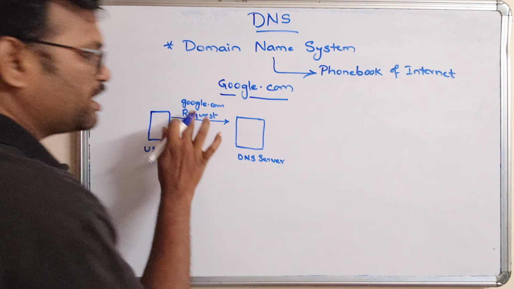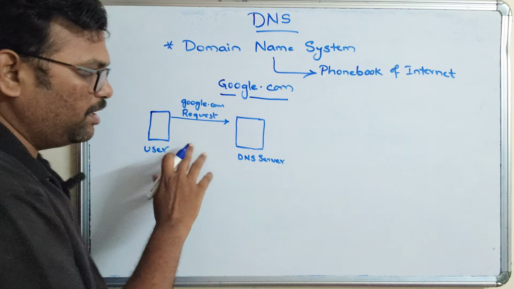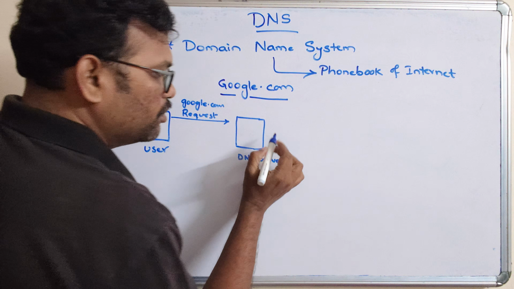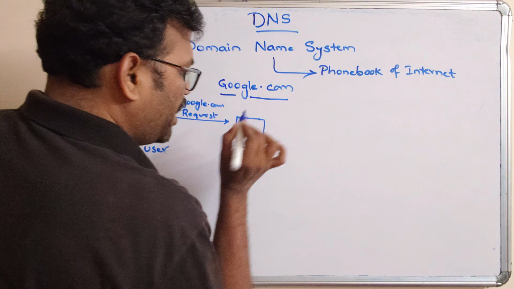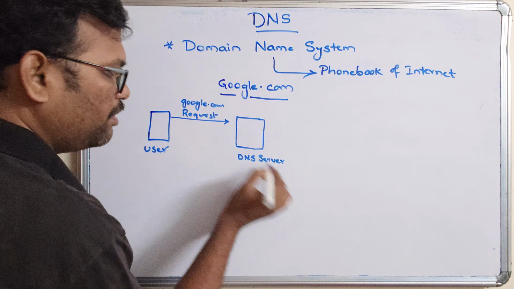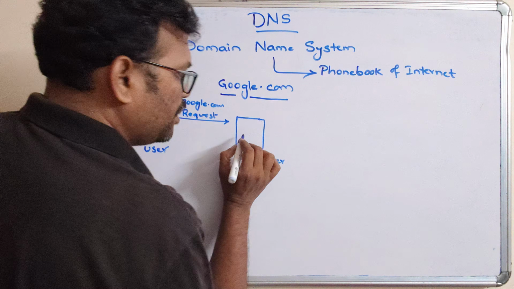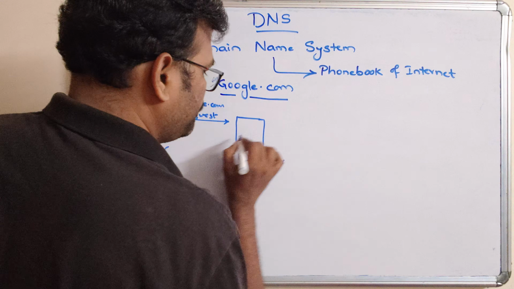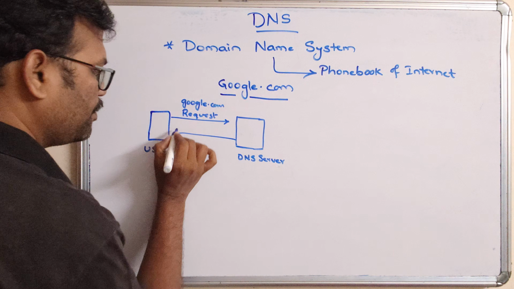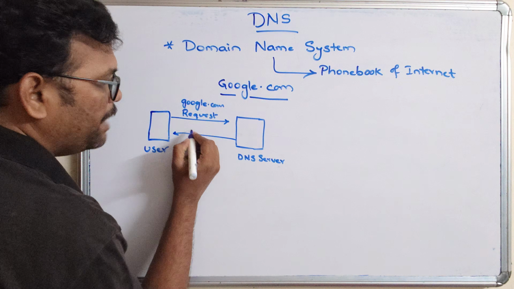Whenever the user types google.com in the browser, it will check with the DNS server and it will give a response with an IP address.